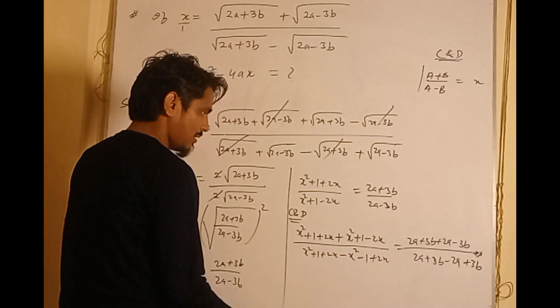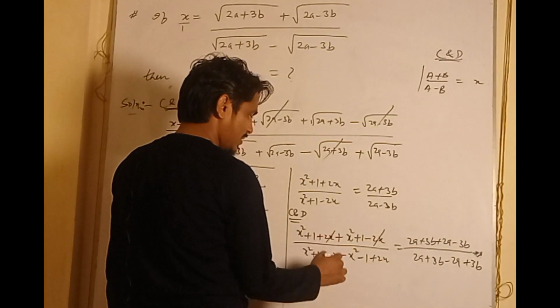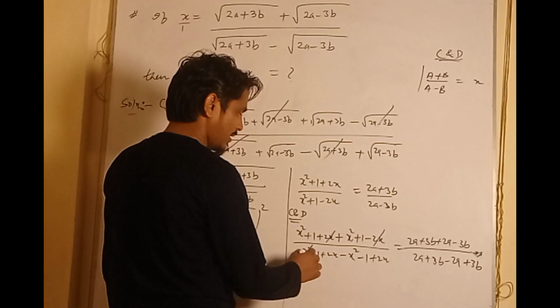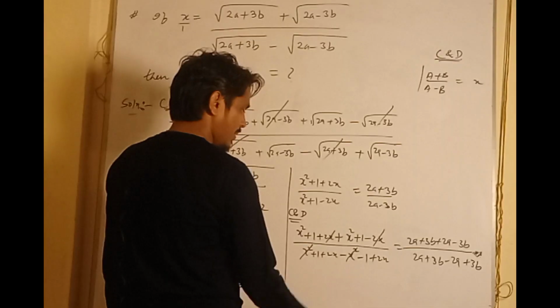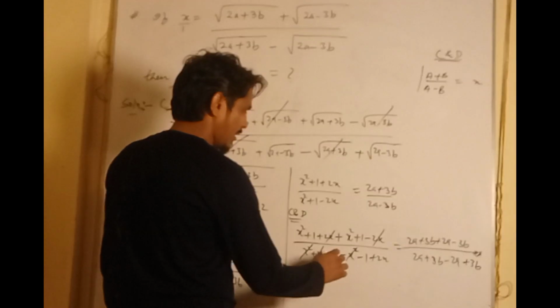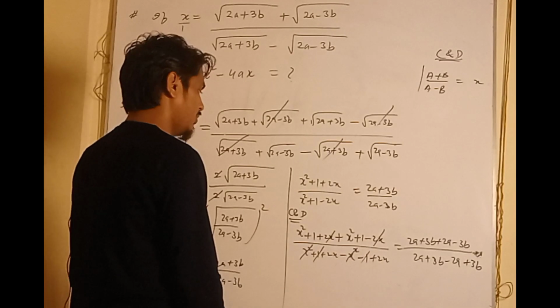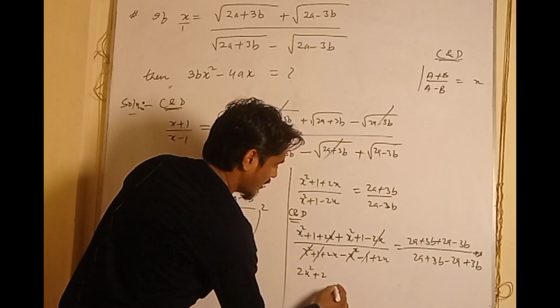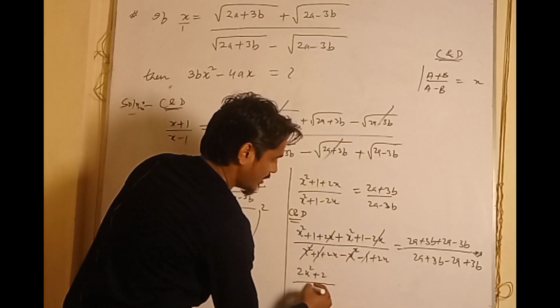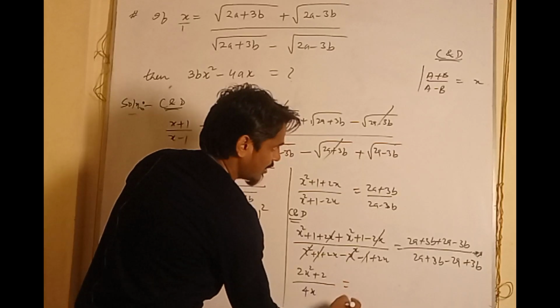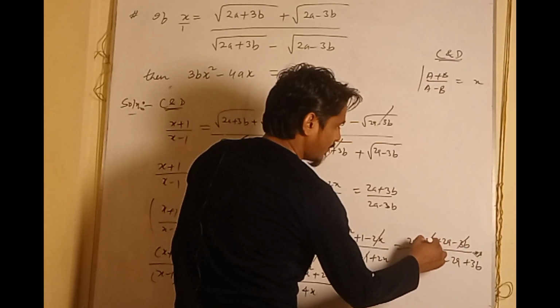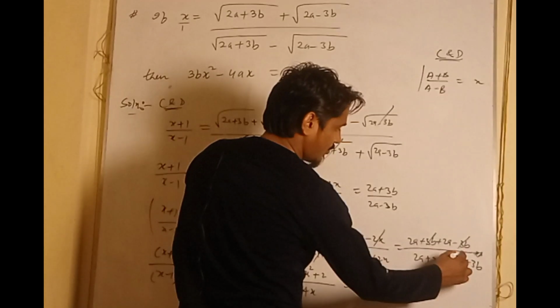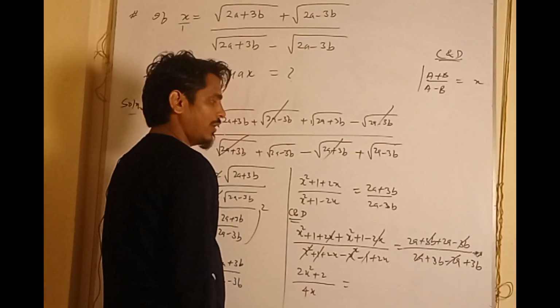We'll find that minus 2x and plus 2x got cancelled, in the denominator x square and minus x square cancel, 1 and minus 1 got cancelled. So in the numerator we are left with 2x square plus 2, denominator 2x plus 2x is 4x. On the right, 3b and minus 3b got cancelled, and here 2a got cancelled.